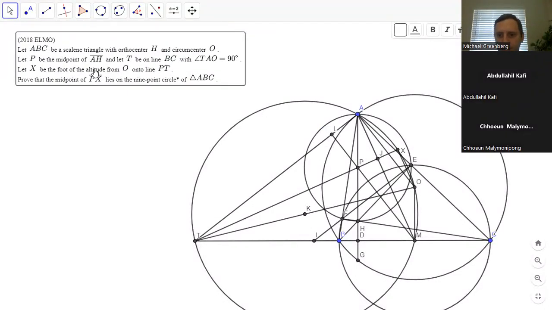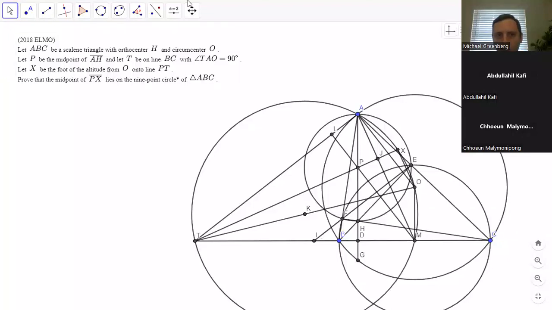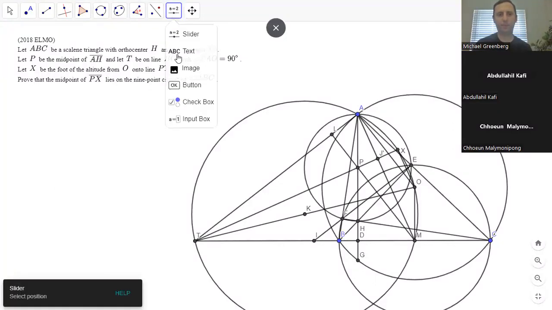Okay, so first we could call this J prime. So we could say let AM and TX intersect at J prime.